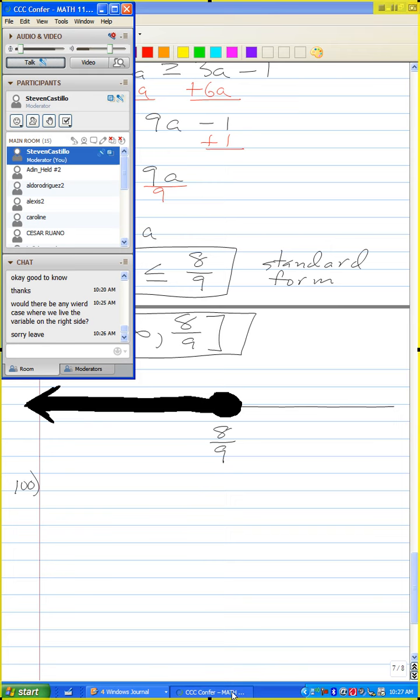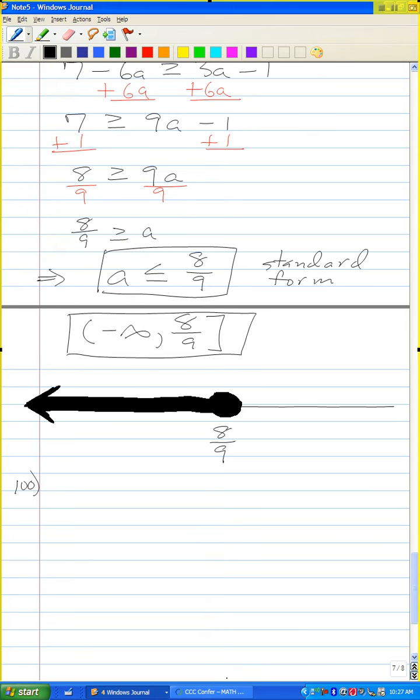We always want to write our inequalities in standard form. You can keep your variable on the right side for equalities, but not for inequalities. So for inequalities, you always want to write them in standard form.